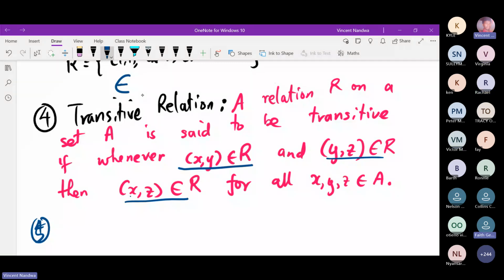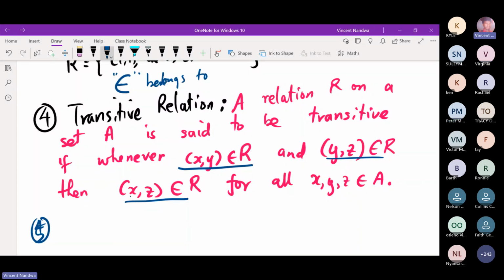So (X, Y) belongs to R, or is a member of R, or is an element in R. So this sign here is the belongingness sign. Is this clear now? Yes, it is clear. Okay, fine, good.